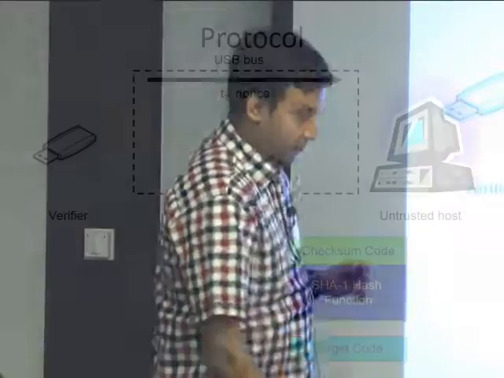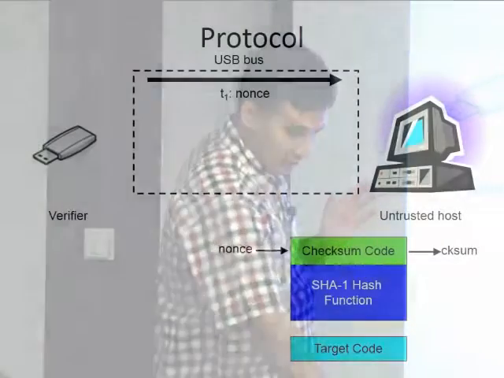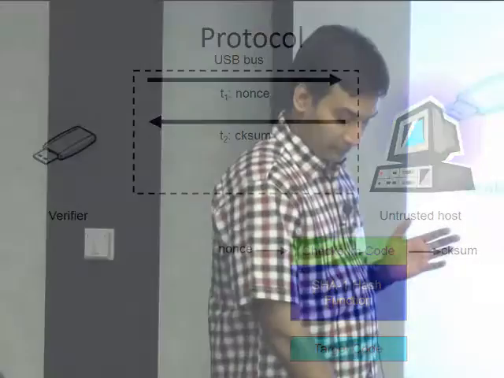So the protocol works as follows. At time t1, a nonce is sent to the untrusted host. The nonce is used as an input to the checksum code, which computes the checksum. The checksum is sent back to the verifier at time t2.